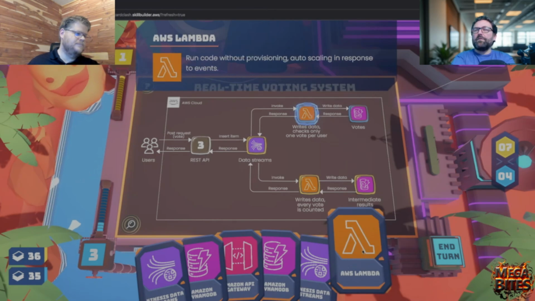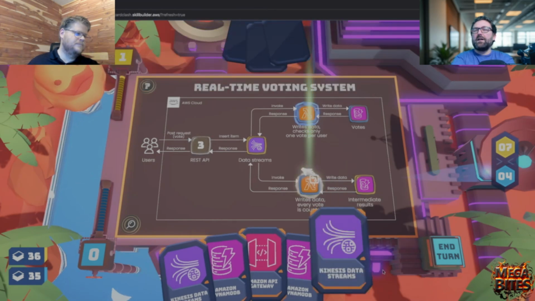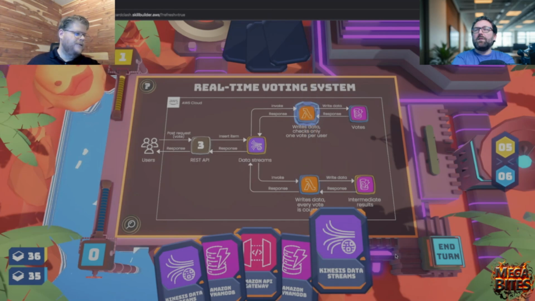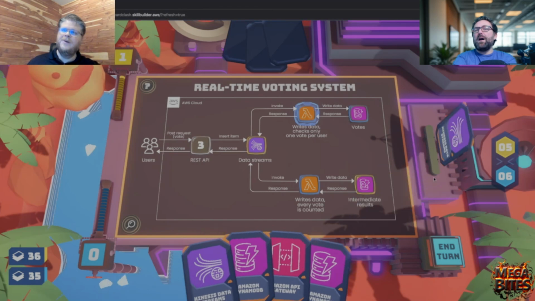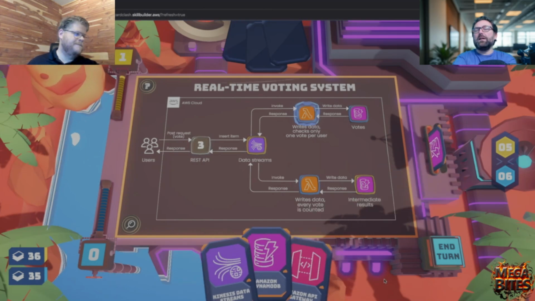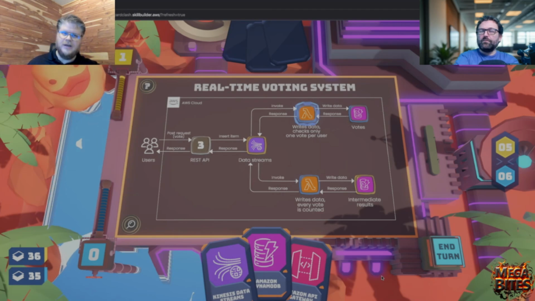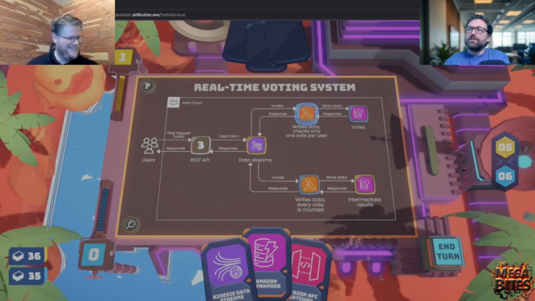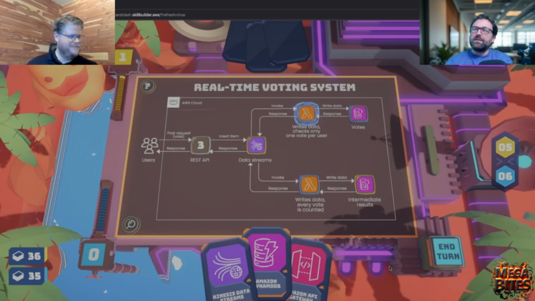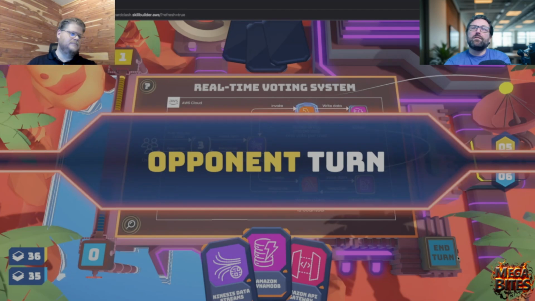And then throw away one of the Kinesis, throw away one of the Dynamos, keep the API gateway. Now we're on a path to winning, but we need to get a CLI to get 2 extra points. Yes, we can win as long as he doesn't win first. Because it's 6-5. If he wins, it's going to be 8-6. If we win, it's going to be 9-5.